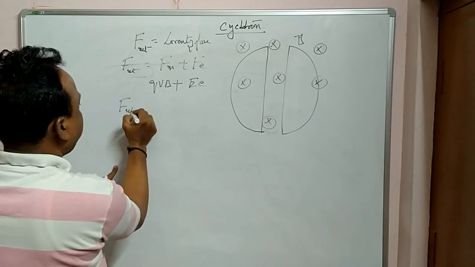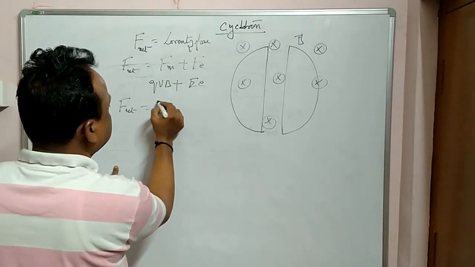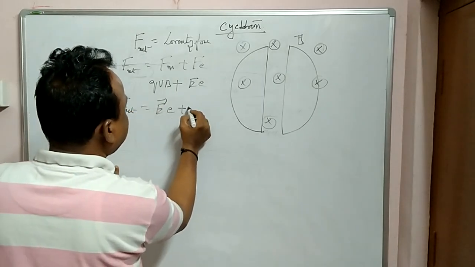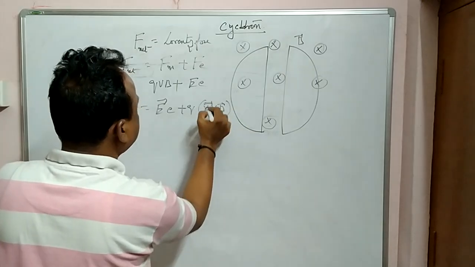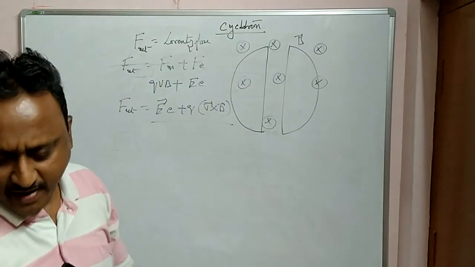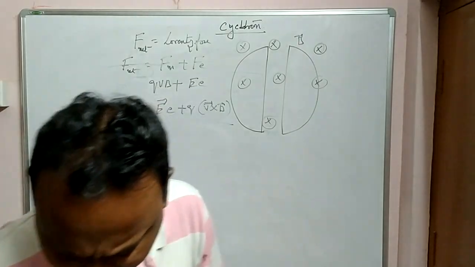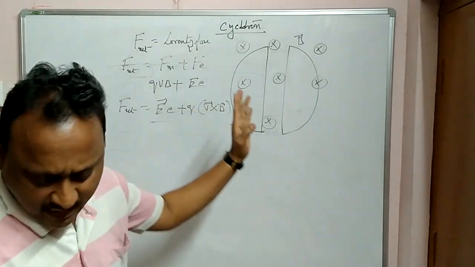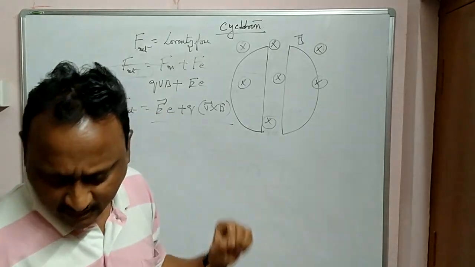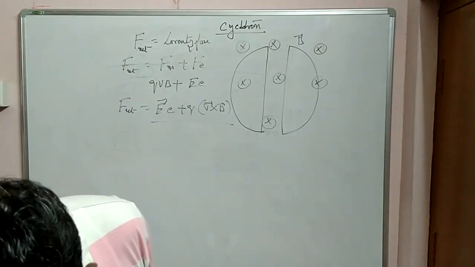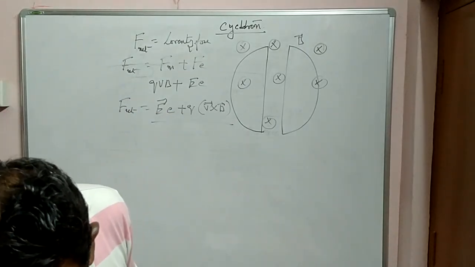So F net, the Lorentz force, is qE plus q into v cross B. So this is the total force acting in the cyclotron device, magnetic force and electrical force at a time. Okay? It is accelerated.